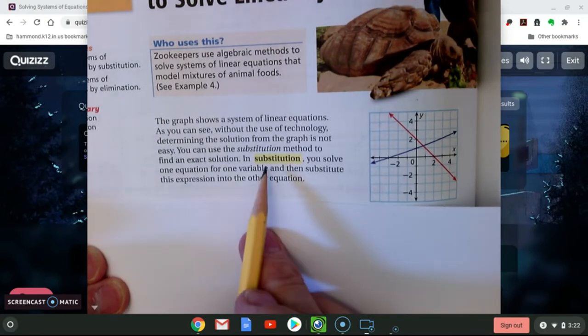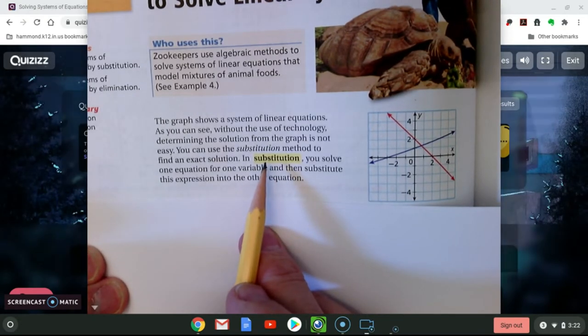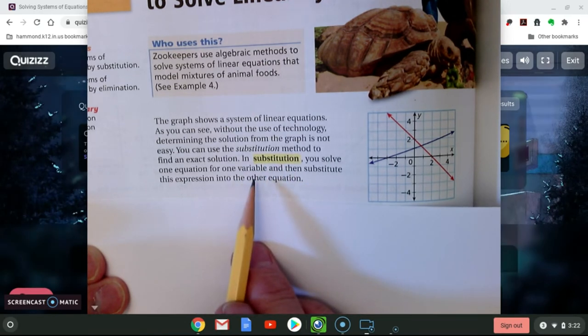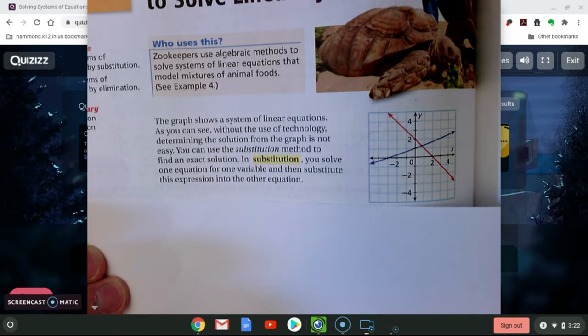So go ahead and pause the video, and you can write down this definition for substitution. So in substitution, you solve one equation for one variable, and then substitute that expression into the other equation. So it works well when one or both equations are already solved for a variable or can easily be solved for a variable.